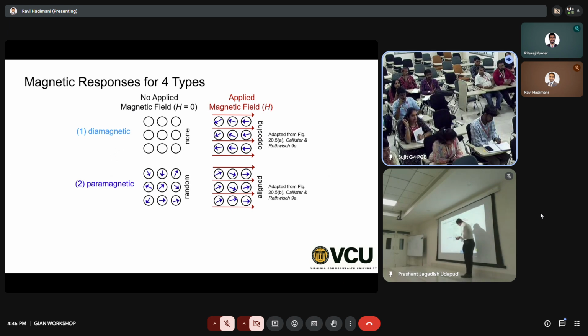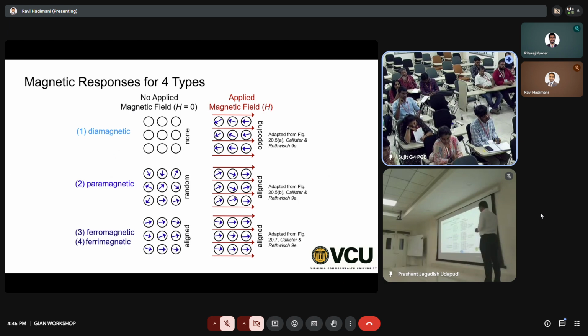So for example, this and this oppose each other, right? So the net effect is small. So the total magnetization, because of the changes in the directions, the net vector sum here will be smaller.